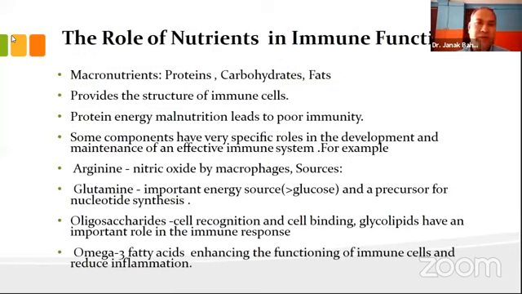When we talk about the role of nutrients in the immune system, we should know which nutrients play a specific role in proper immune function. We can classify the nutrients into macronutrients, that is protein, carbohydrate, and fats.